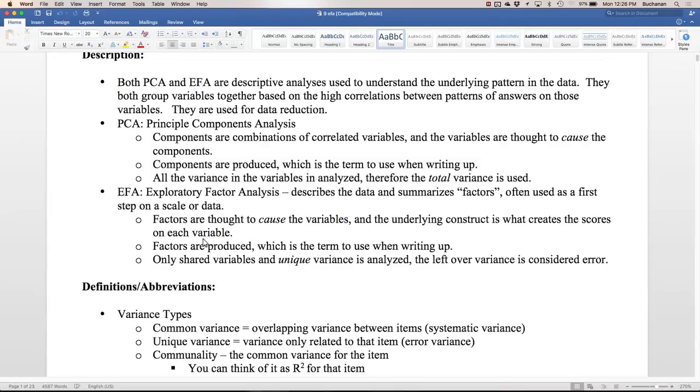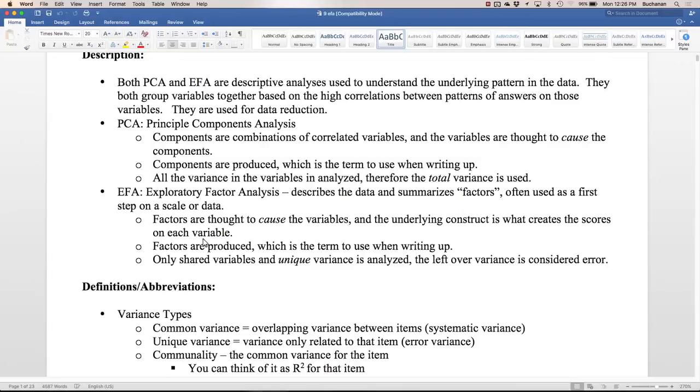So circles in any type of structural model are unmeasured. But we can't just make up numbers, so we're going to include some measured variables. So this is where your items or your questions would come from. So I've got, let's say, 3 items that I'm trying to understand if they measure motivation.